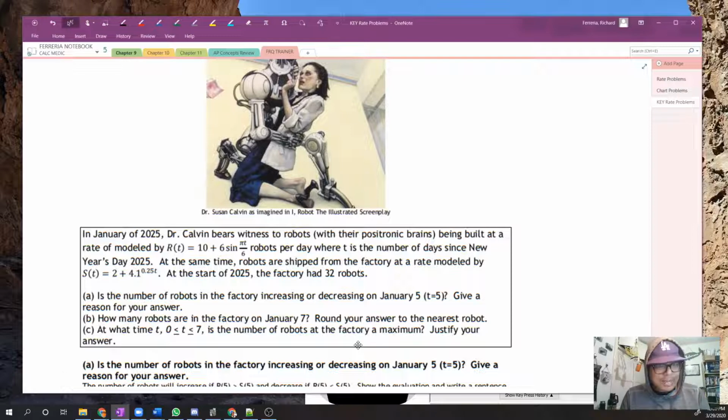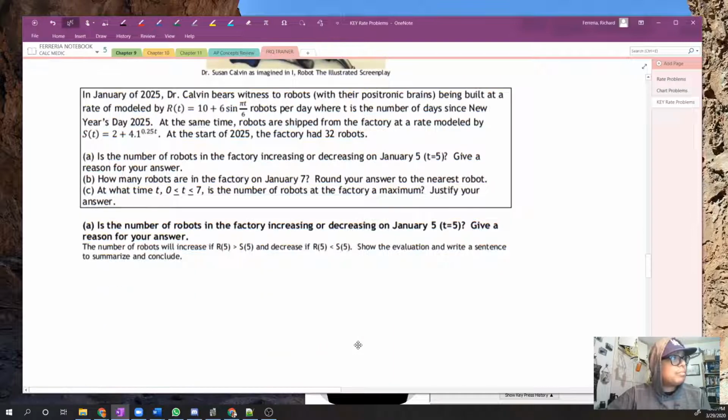And then lastly, at what time are the robots in the factory at a maximum? Justify your answer. That's the new one. That's really the big problem that we're going to go after today. Those previous two are just a little bit of adjustment when you have an in rate and an out rate. So here we go with the problems now.